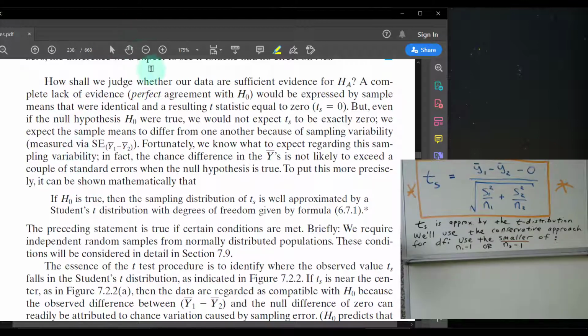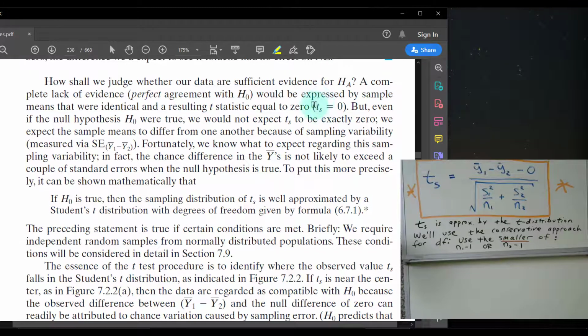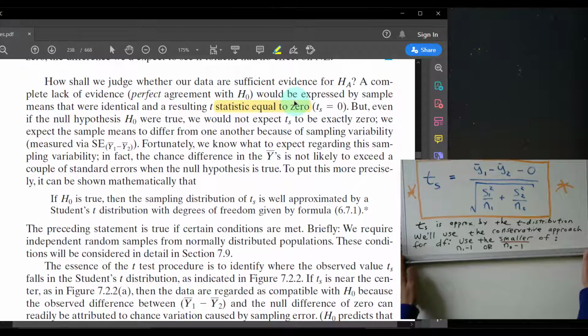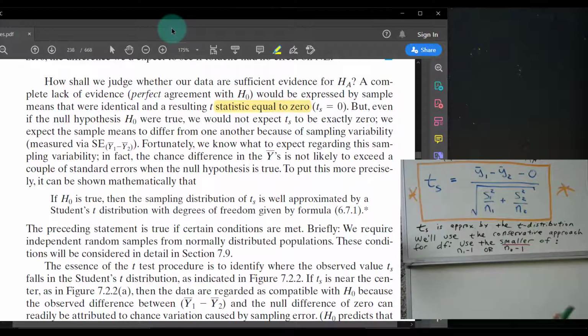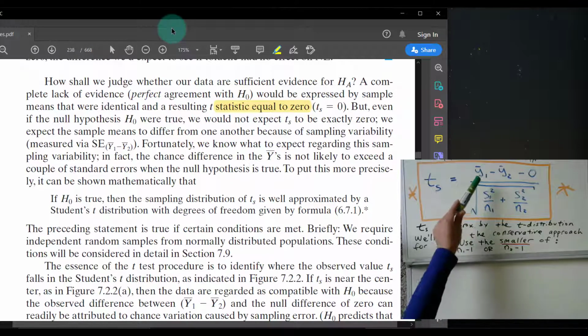So looking at the book here, if we got a test statistic of 0, the only way that can happen is if the two sample means were identical, right? You don't get a 0 from the denominator. That's no good. You get a 0 from the numerator.